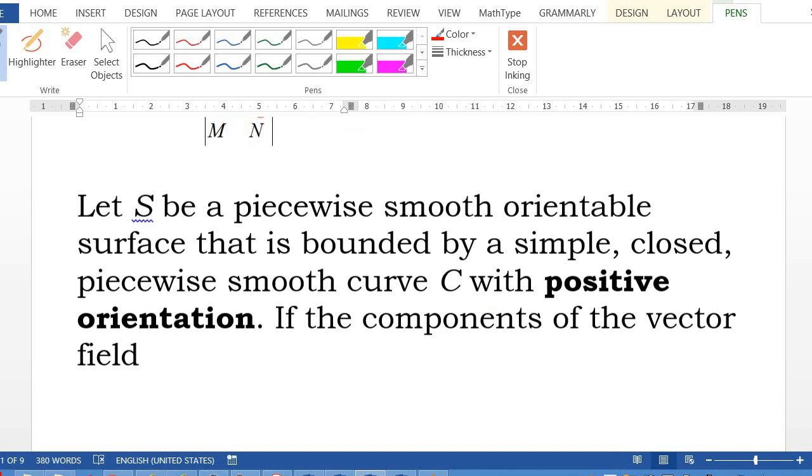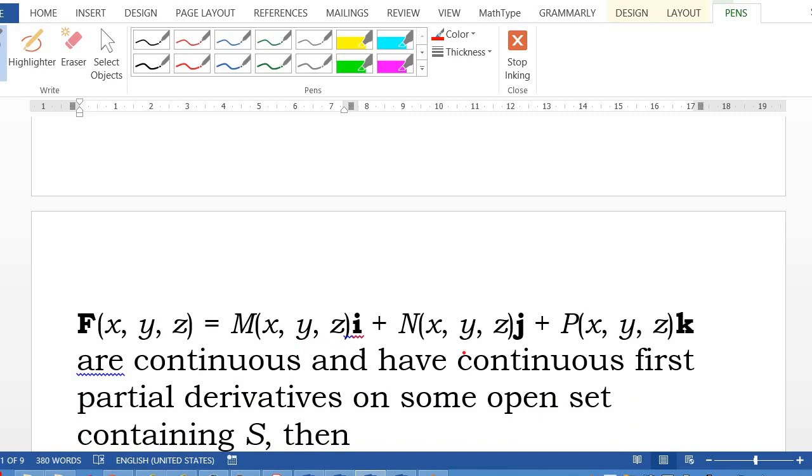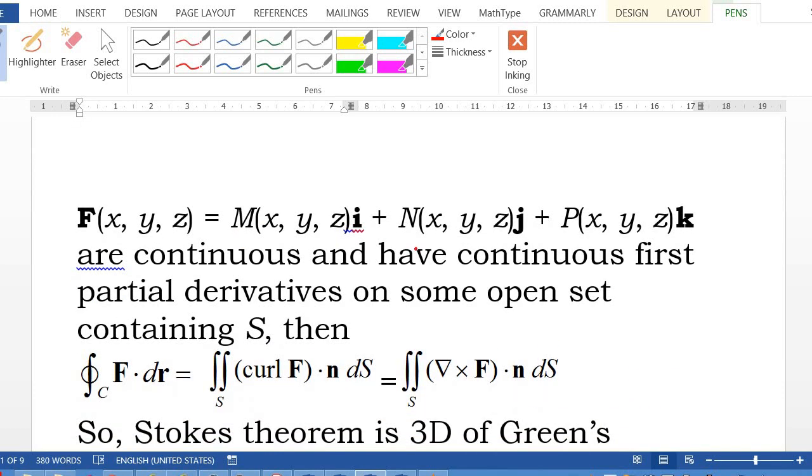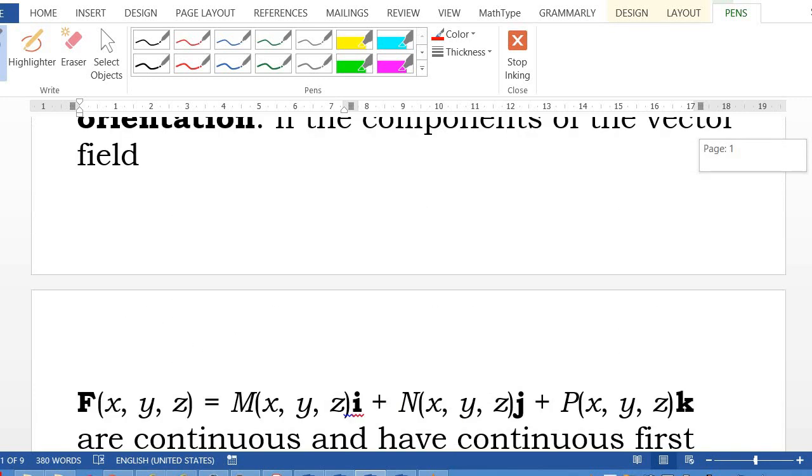If the components of the vector field F, which is Mi plus Nj plus Pk, are continuous and have continuous first partial derivatives on some open set containing S, then the line integral F dot dr, where the curve C is simple, closed, and oriented counterclockwise, is equal to the surface integral of curl F dot n dS. The capital dS is one unit of surface area, where curl F is del cross F. Compare this with Green's theorem.